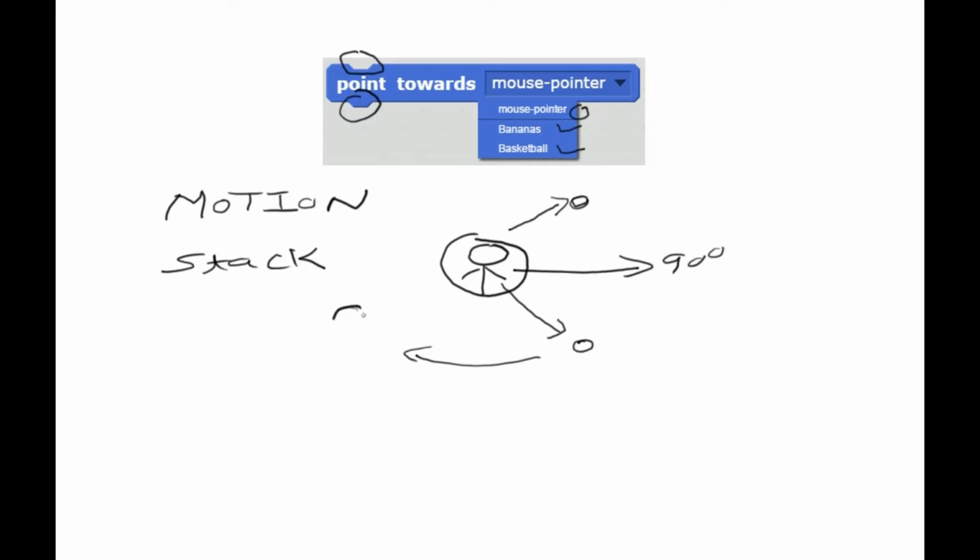If I say point my cat toward basketball, it is going to point toward the basketball, and when I use the move block, the cat will move toward the basketball.